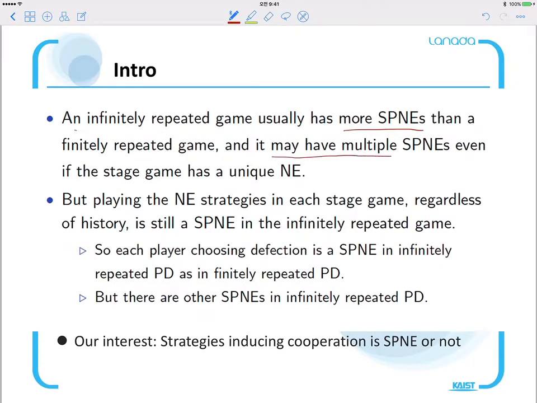It may have multiple subgame perfect Nash equilibria even if the stage game has a unique Nash equilibrium. We will look at that.